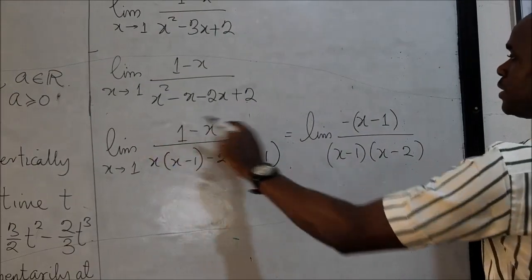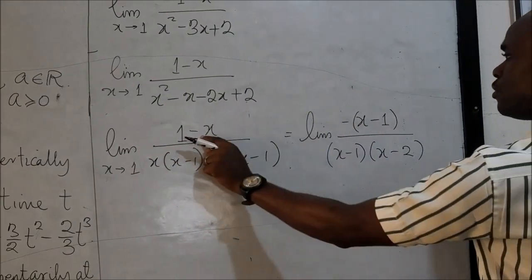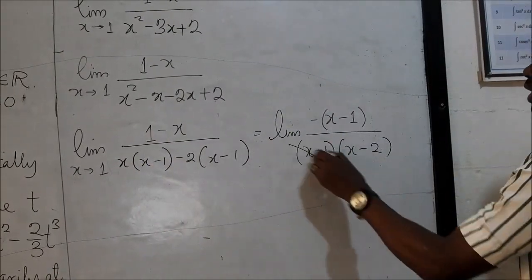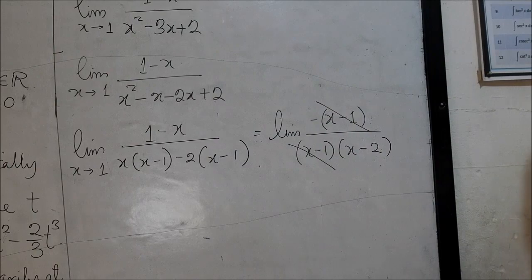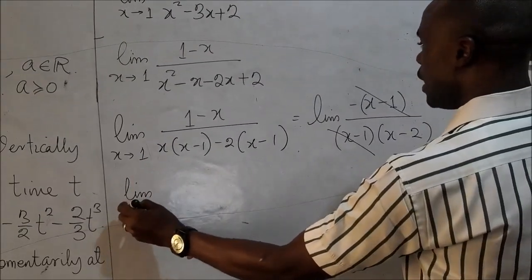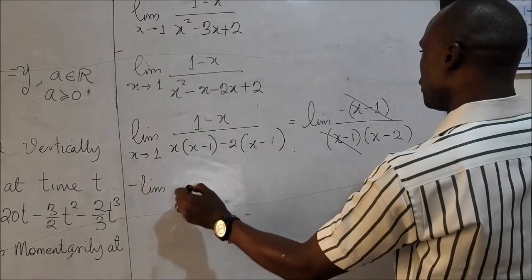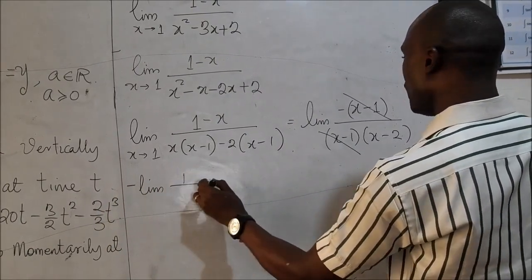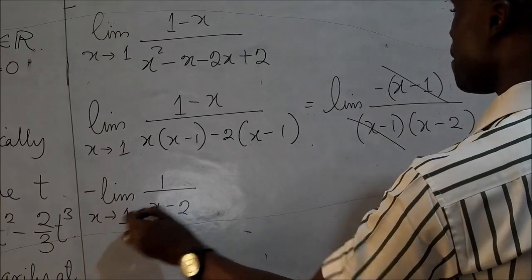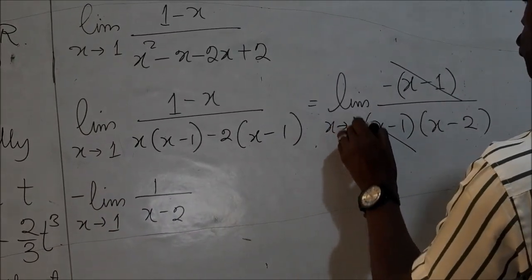I can also reverse this so that minus times this gives you this, and minus 1 gives you this. And this can cancel this. And if that happens, what is left is the limit, okay, bring out the minus sign, of 1 over x minus 2 as x tends to 1.